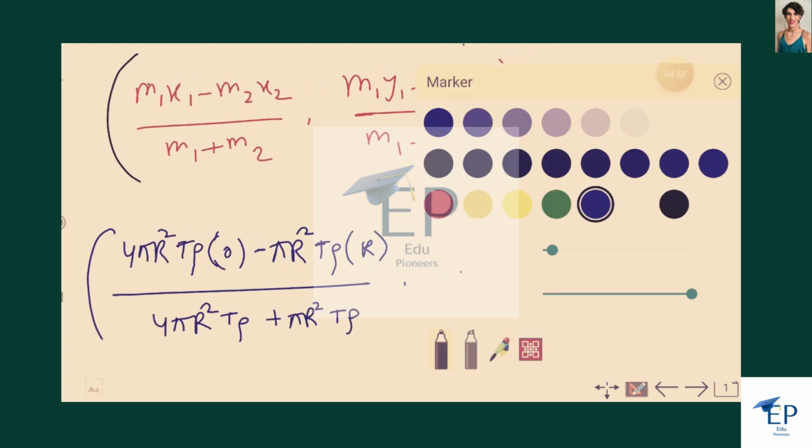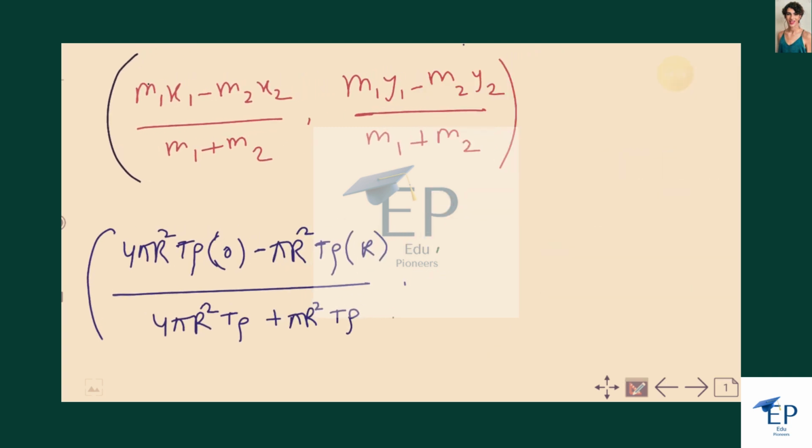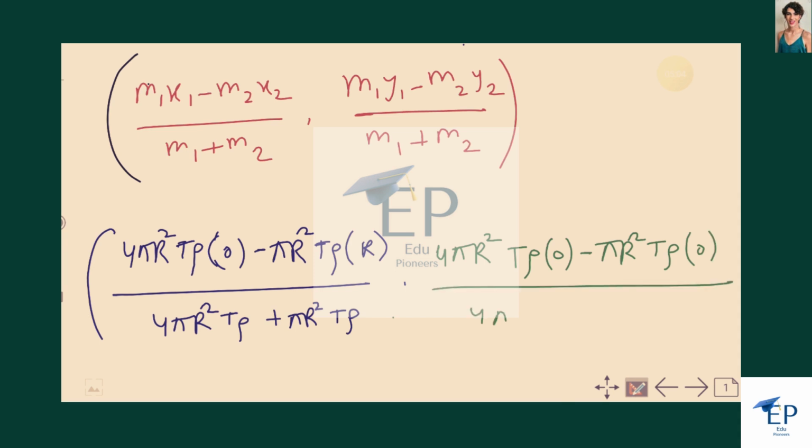Similarly the y coordinate is 4 pi r square t rho times 0 minus pi r square t rho times 0, divided by 4 pi r square t rho minus pi r square t rho.